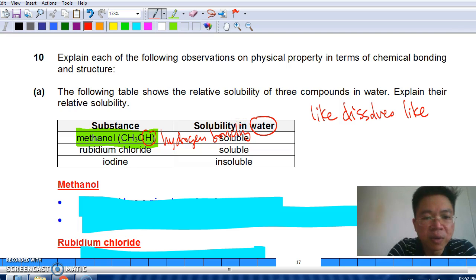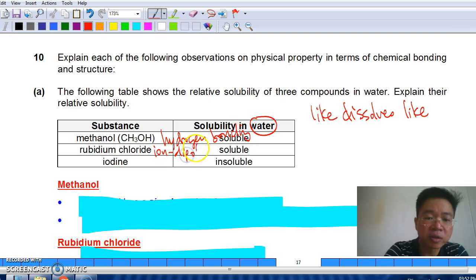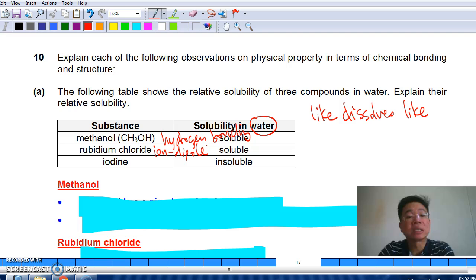How about rubidium chloride? Rubidium chloride is an ionic structure. Can it dissolve in water? The answer is yes, because as you have learned in your lecture, ionic compounds can form ion-dipole interaction. So it can dissolve in water.